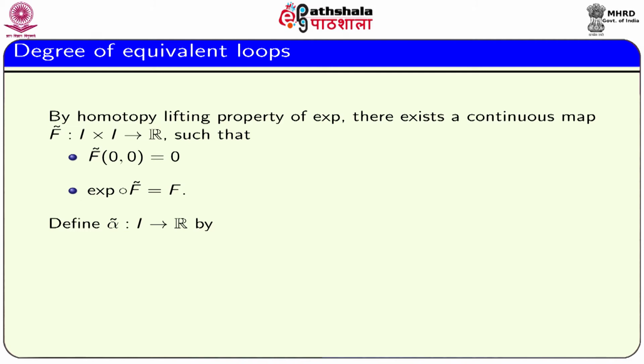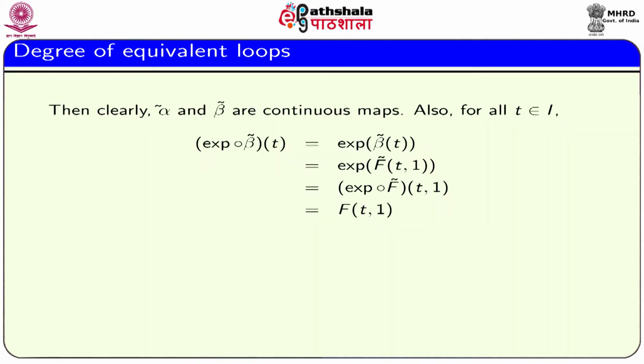We define alpha tilde by alpha tilde s equal to f tilde (s,0) and beta tilde by beta tilde s equal to f tilde (s,1). Then clearly alpha tilde and beta tilde are continuous maps.